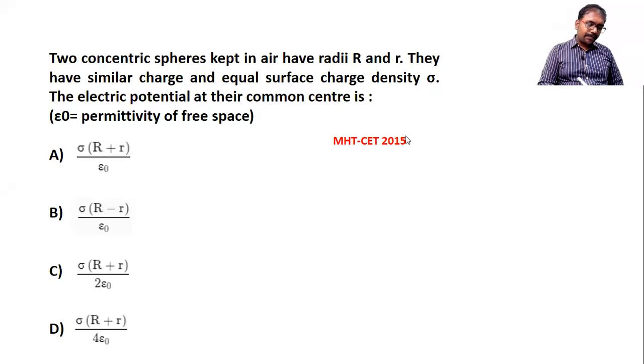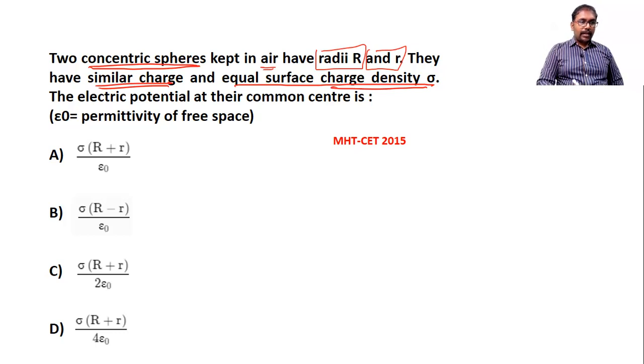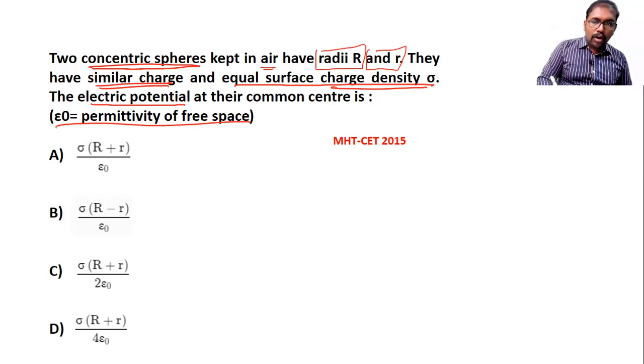Now the next question is: two concentric spheres kept in air have radii R and small r. Both the spheres have similar charge, equal charge density, meaning sigma is also the same, and epsilon 0 is the given permittivity. Then the common electric potential is the potential on the first sphere plus the potential on the second sphere.